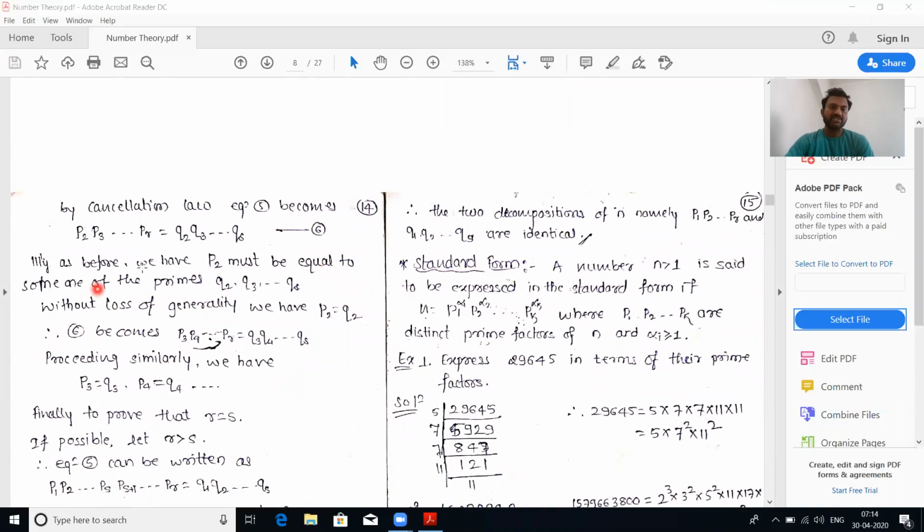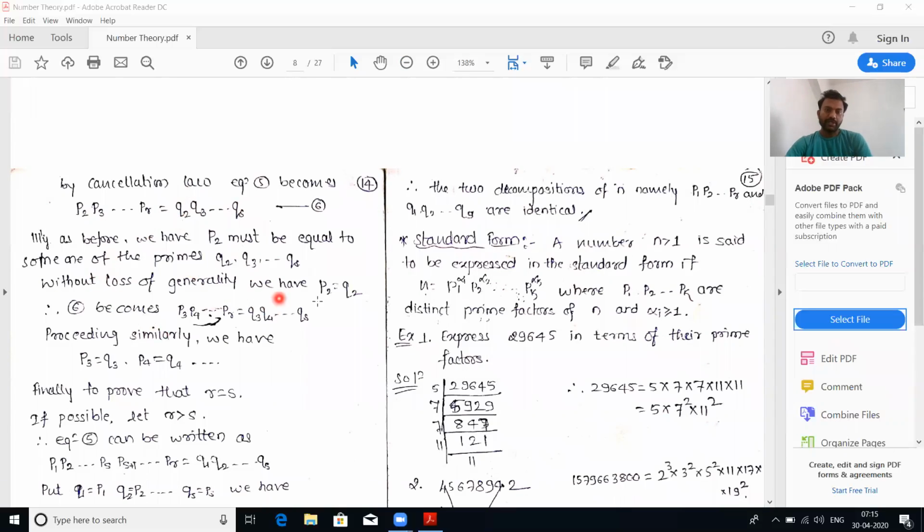Now similarly as before, P2 must divide this whole product, which means P2 must divide any one of the prime factors. That factor we will take as Q2 itself. As P2 divides Q2 and Q2 is a prime number, P2 must be equal to either 1 or Q2. So therefore we get P2 equal to Q2.